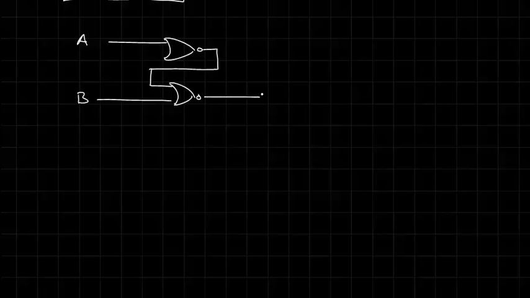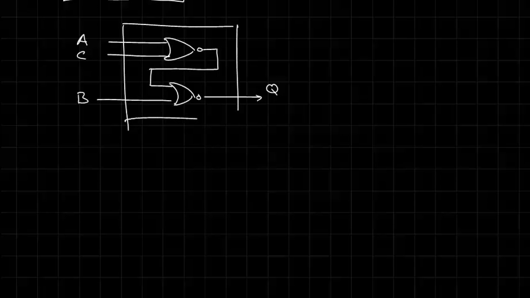We'll call this output here Q, and then I'm going to call this input here C. Okay, so there's my logic circuit.